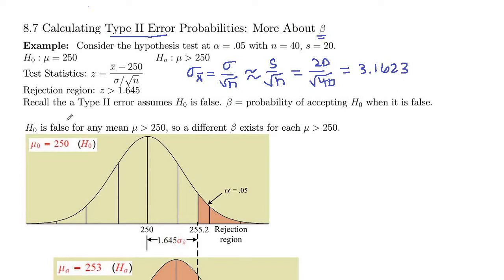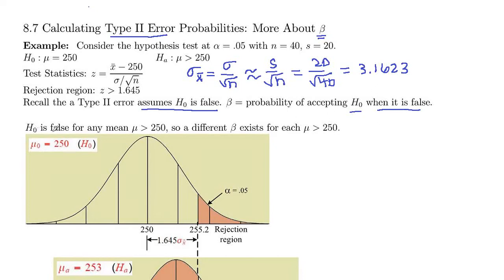So recall here that a type 2 error assumes that H0 is false, and then beta is the probability of accepting H0 when it's false, which is going to be the area of the acceptance region.